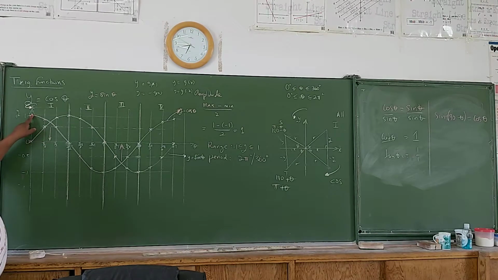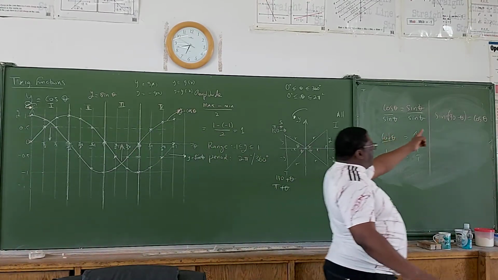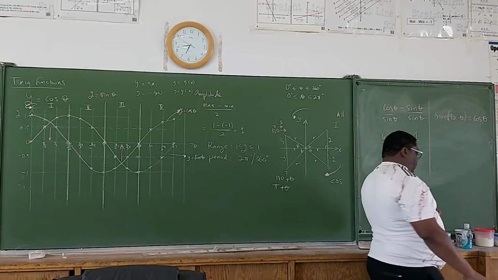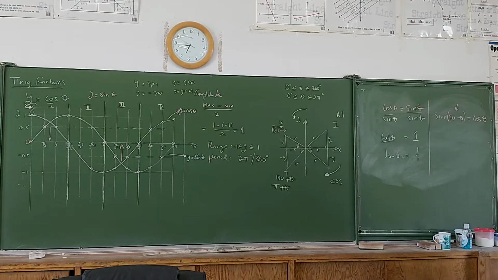But then the other little part will come out. So when I shift my sine function by 90 degrees, I'll come back to this. It will exactly be equal to the cosine function.